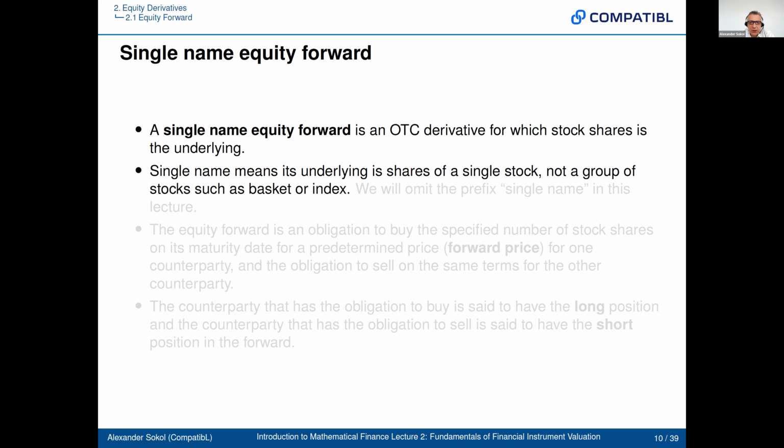There are also basket forwards, when it's not an index that a company like Dow Jones or Standard & Poor's put together. It's a basket that you define as a market participant. But we will talk about single name equity forward, and we'll omit single name, so it's the forward on the underlying, which is the stock.